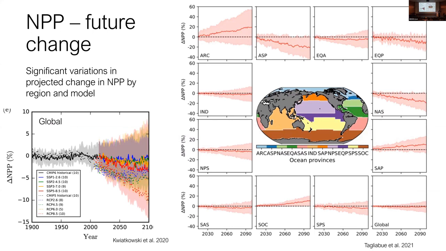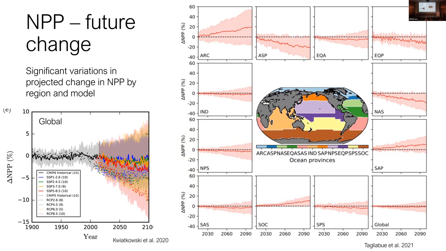but climate models are showing quite a divergence in responses of NPP in the climate projection. So this is from the CMIP6 effort, and what the CMIP6 set of models are showing is that some models are projecting an increase in NPP. And these vary quite a bit by region.